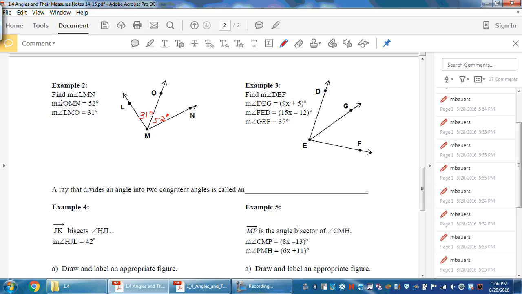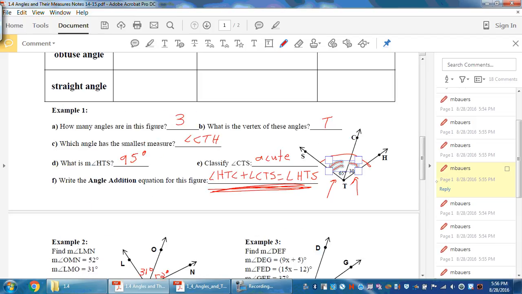So what they want you to find in this one, I want to know the measure of DEF, which is the entire thing.